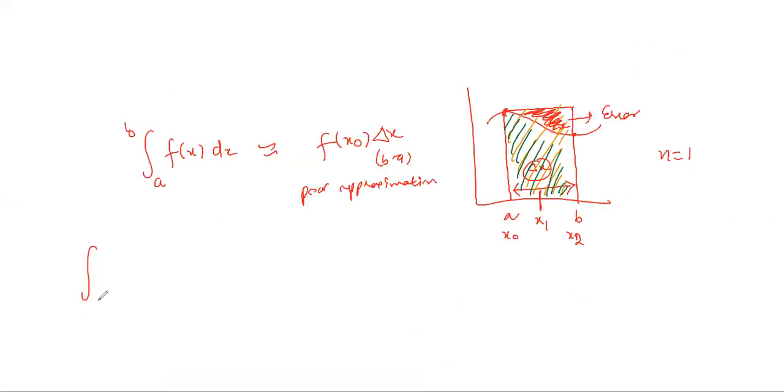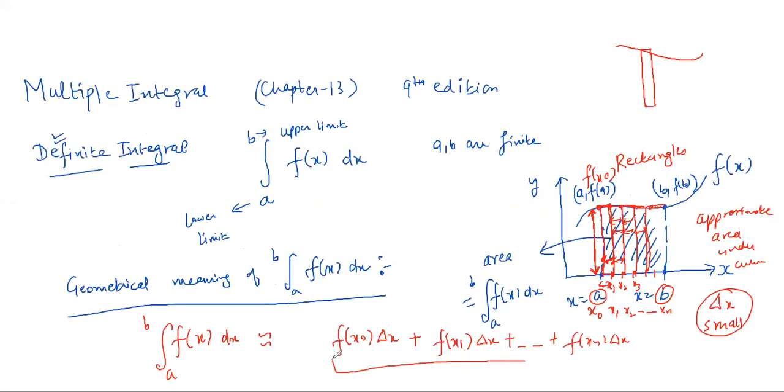That is why the actual formula is the integral from a to b of f(x) dx equals the limit as delta x goes to 0 of the summation of f(xi) into delta x, with i from 0 to n. So this summation is for this. Delta x, as you can see, is common, so it can be taken common. And this is f(x0), f(x1), up to f(xn).